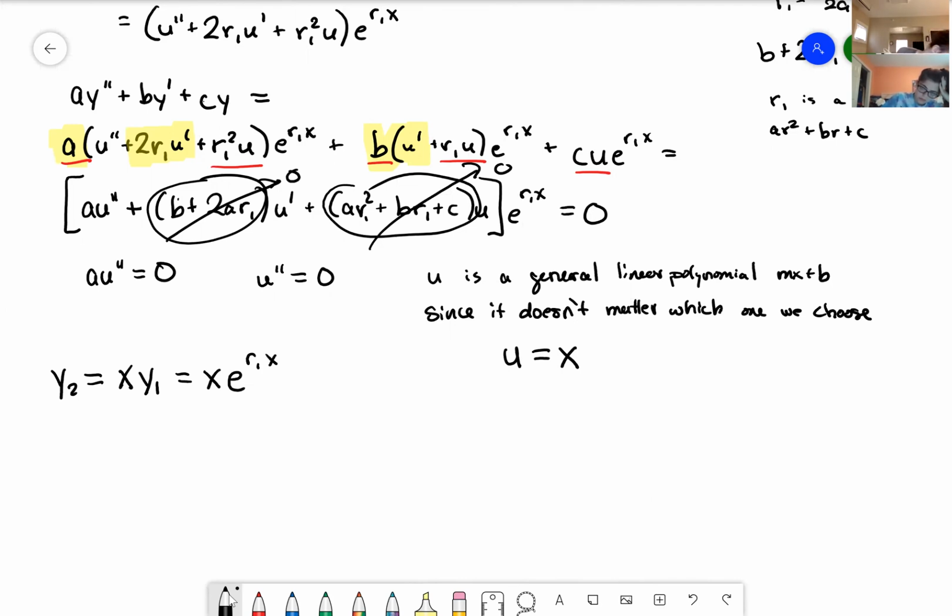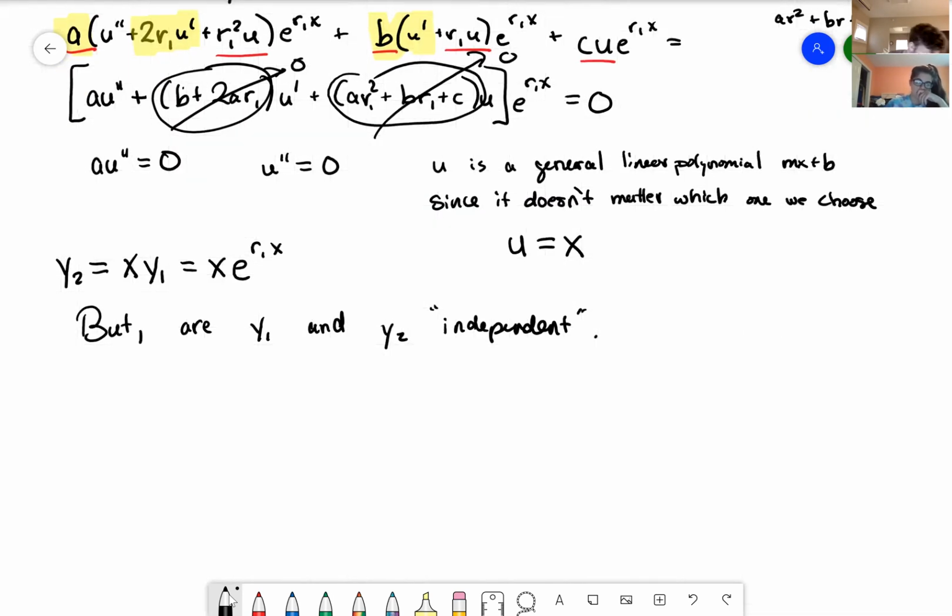So this gives us another solution, but are our y1 and y2 independent enough in the sense that we've been using independent? Well, we can figure this out by looking at the Wronskian.